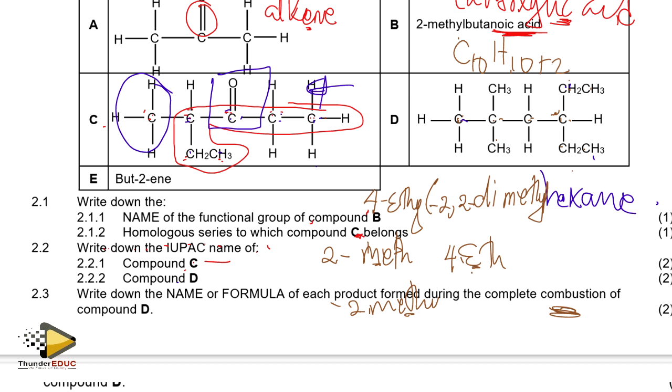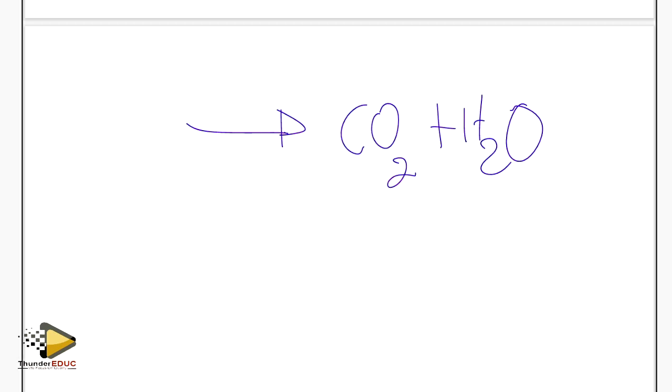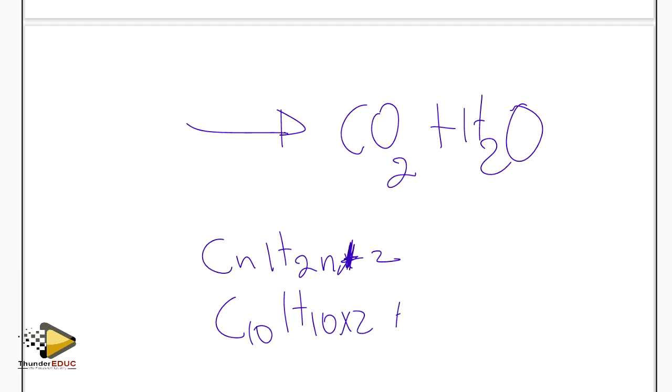No, no, remember the formula: CnH2n+2. So if carbon is 10, hydrogen is going to be 10 times 2 plus 2, which is 20 plus 2, which is 22. So that is the hydrogen.